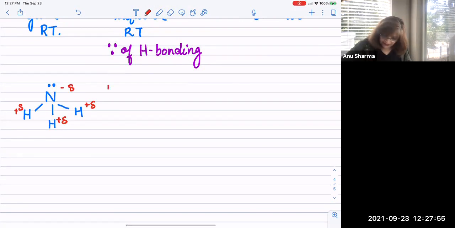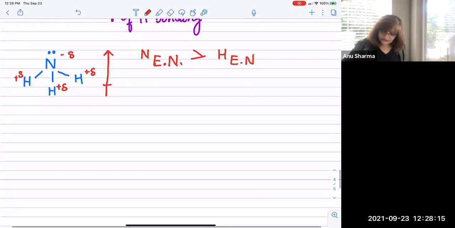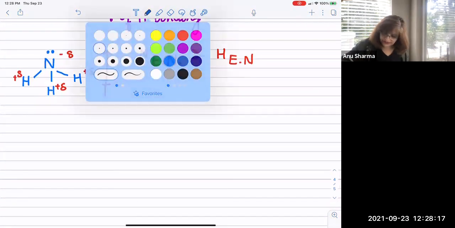The polarity is there because nitrogen is more electronegative than hydrogen. Moreover, anytime there is a lone pair on the central atom of a molecule, it's always going to be polar. So here's the hydrogen bonding in ammonia.